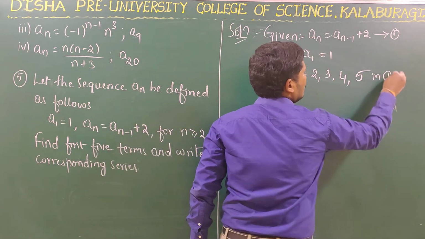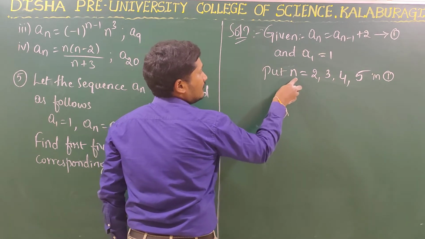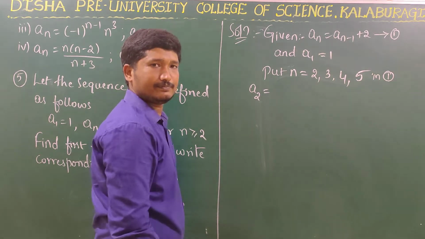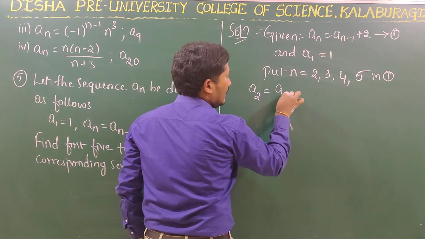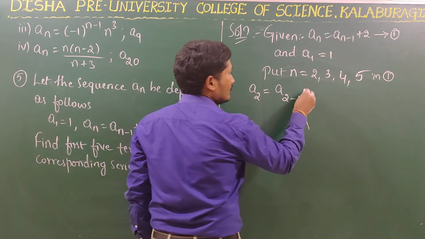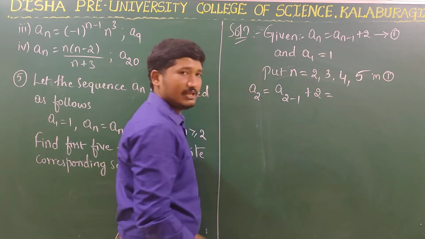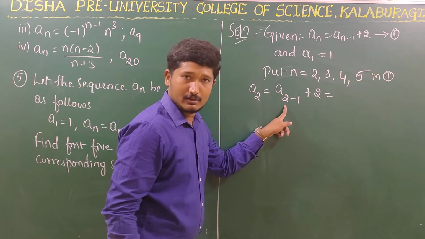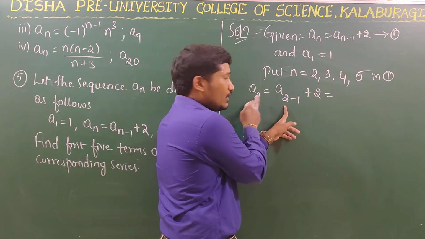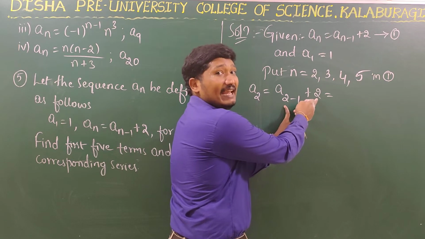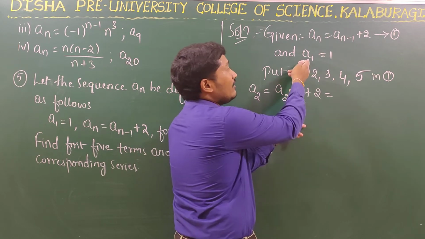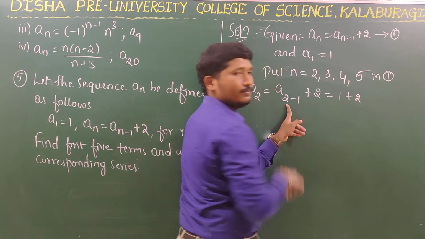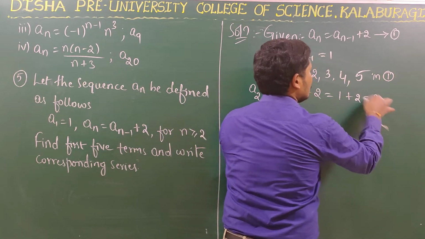First, for n is equal to 2, a2 is equal to a2 minus 1 plus 2. a2 minus 1 means a1, so a2 is equal to a1 plus 2. What is the value of a1? It is equal to 1. So 1 plus 2 is equal to 3.